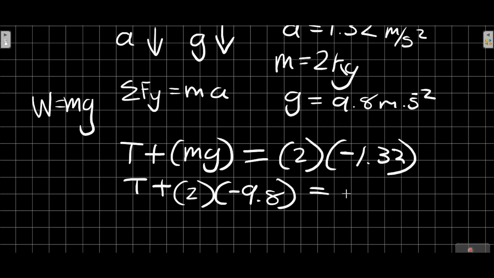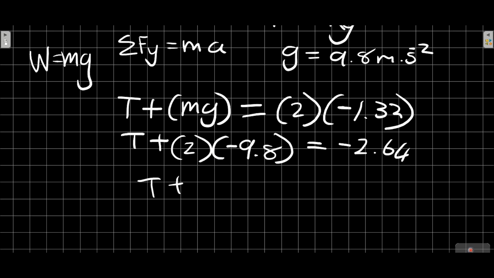If we multiply these two, we'll get negative 2.64. If we multiply these two, we'll get minus 19.6.